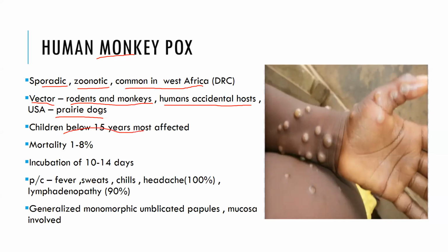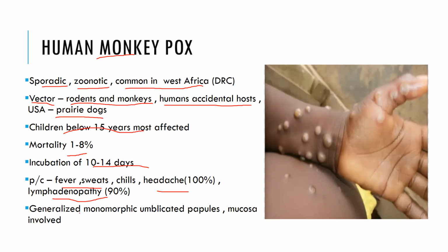It usually occurs in children below the age of 15 years, and the mortality ranges between 1 to 8%. It has an incubation period of about 10 to 14 days. Then after that, someone will have a fever, sweats, chills, headaches, and in this case, headache is in 100% of the cases, and then lymphadenopathy in about 90% of the cases, as opposed to smallpox, which usually has no lymphadenopathy.